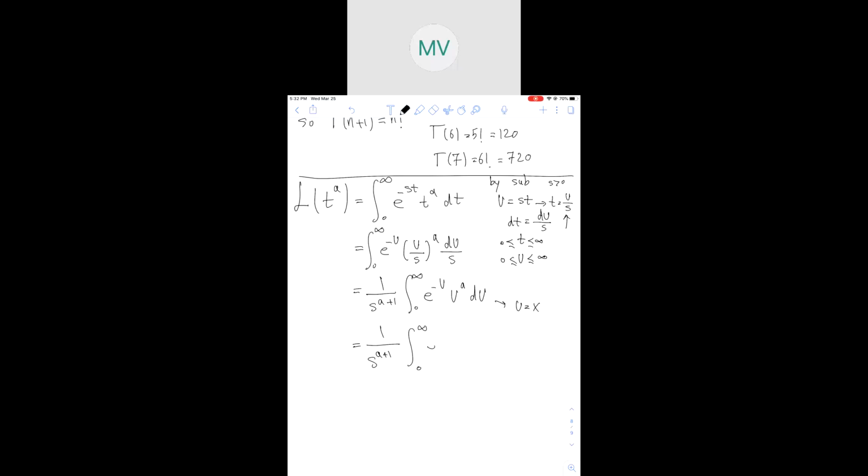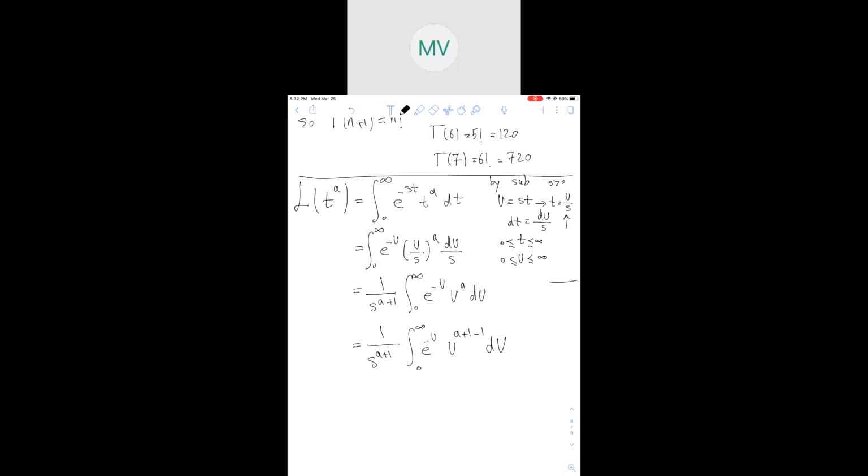Okay, so it's going to be 0 to infinity, e to the negative x raised to... you know what? Let's keep it the same. So forget about this. So 0 to infinity, e to the negative u. Let me write this as a plus 1 minus 1 du.